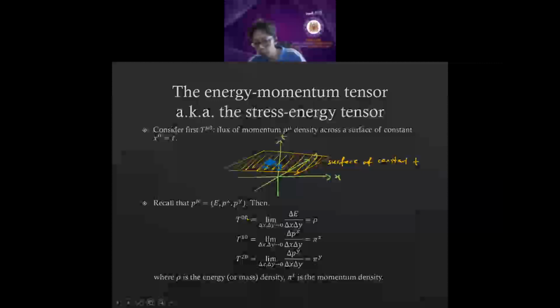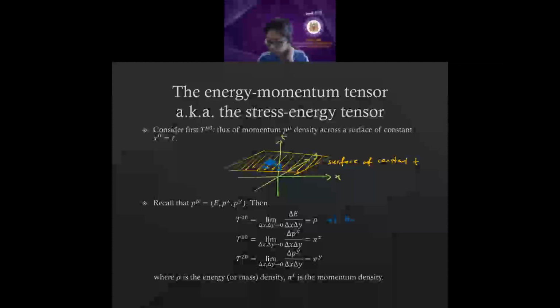So by definition, T naught naught is given by this limit. And this is none other than the density of the fluid at any particular time, the density of the fluid at this time t.